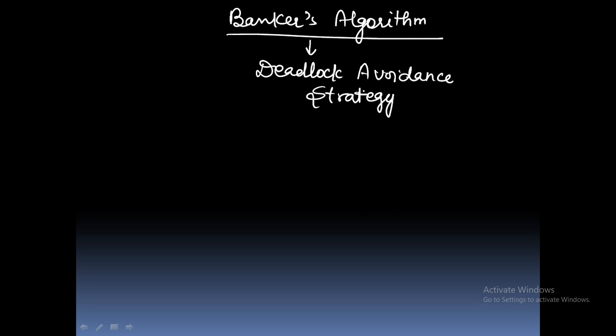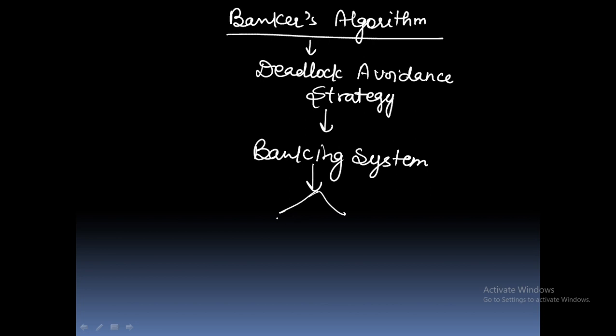It is called so because it is used in the banking system, to decide whether a loan can be granted or not. In the banking system, we have to decide whether a loan is granted or not granted to a particular person. That's why its name is Banker's algorithm.